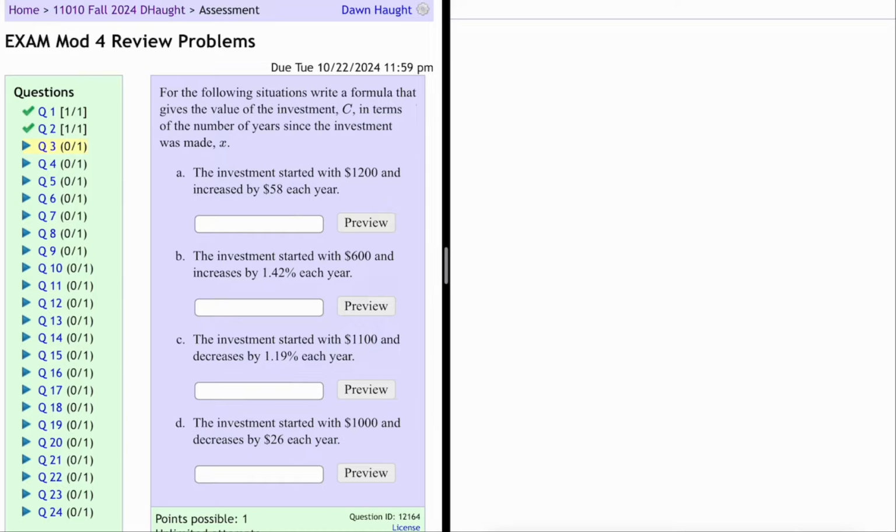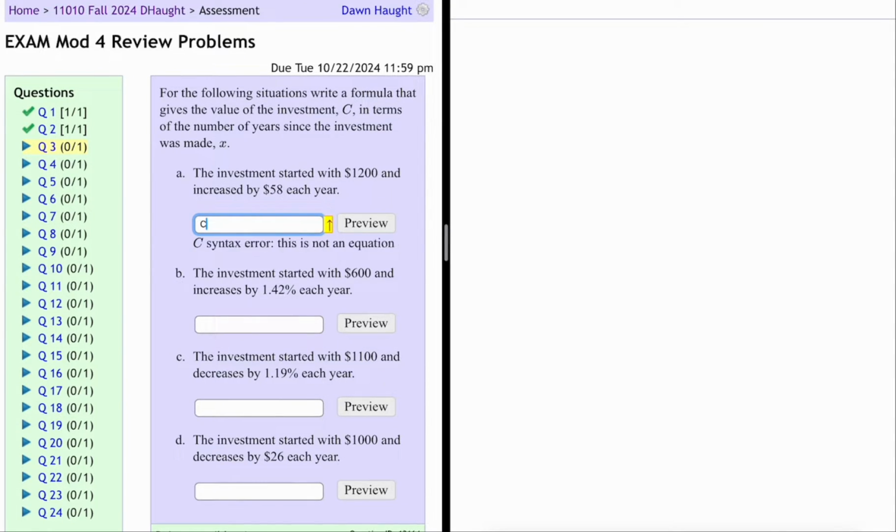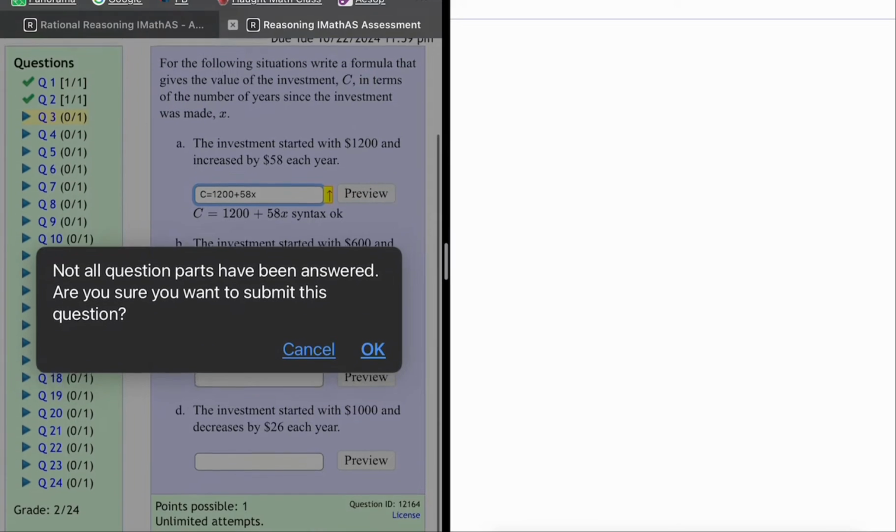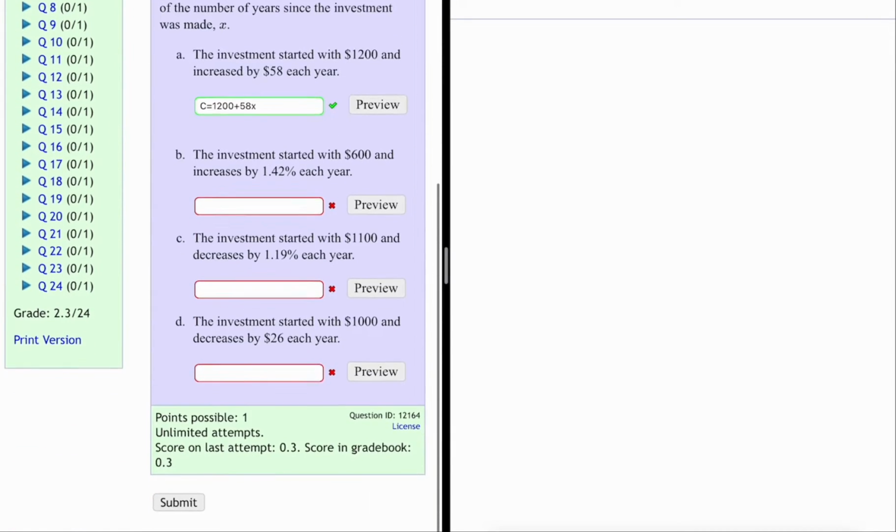That is just an amount increase. So the formula would be C equals 1,200 plus that constant rate of change times the number of years. So that is an example of a linear type change, okay?